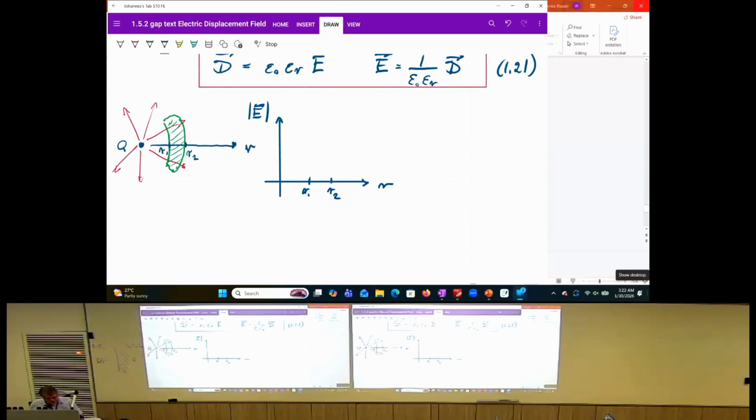But of course, this is not the case. It just means that you don't really have a singularity at the origin of the charge. Your model is simply not good here.